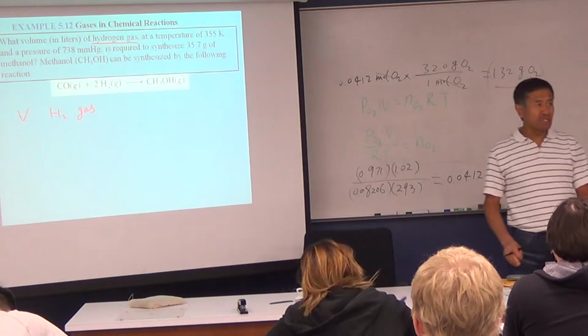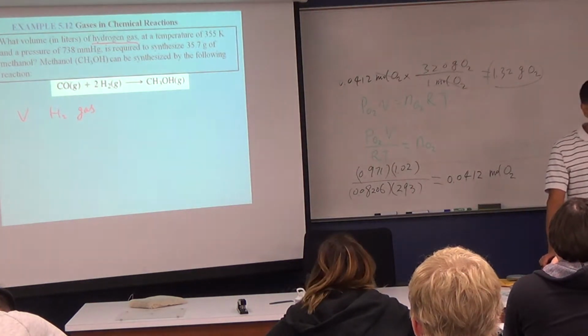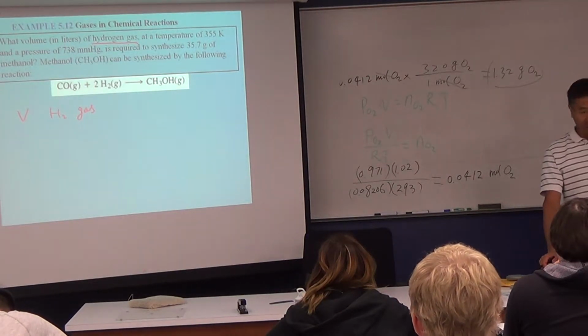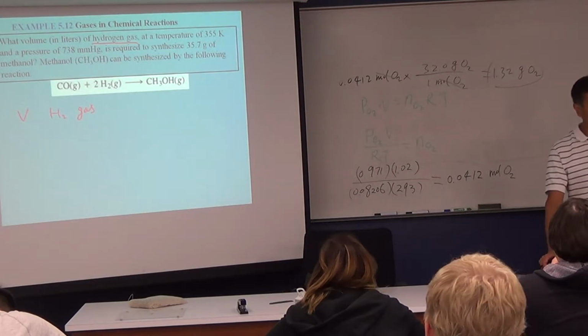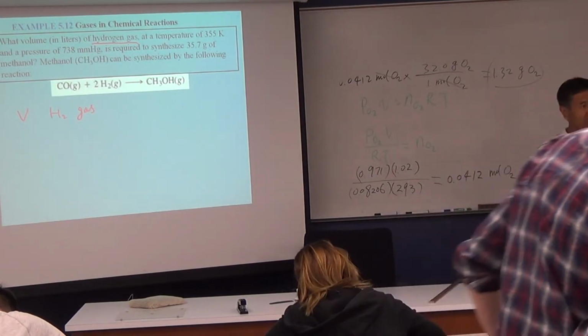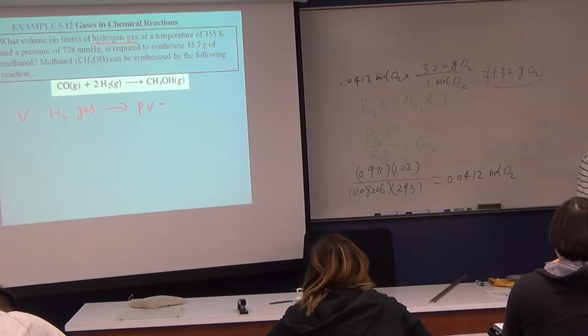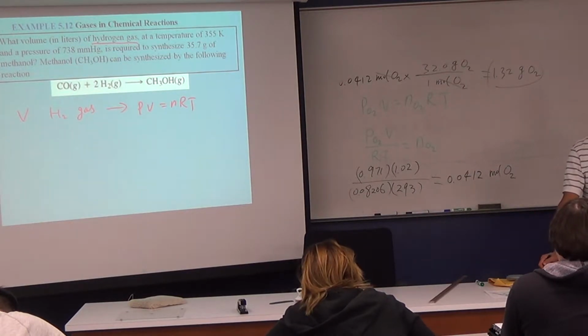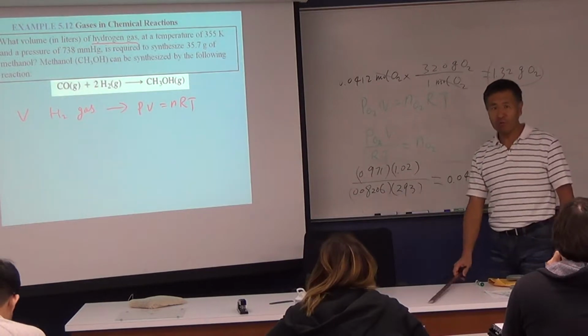After you read the question carefully, do we have two pressures for the hydrogen gas? We don't. Do we have two temperatures for the hydrogen gas? We don't. Therefore, what you think about is the ideal gas law, not Boyle's law or Charles's law. Understand? Why do I think about that? Because that equation has a volume in it.